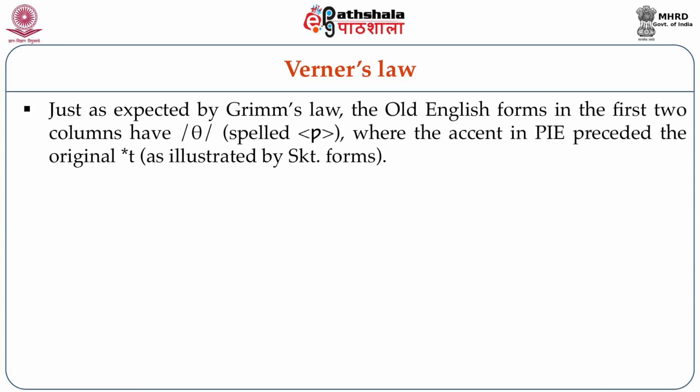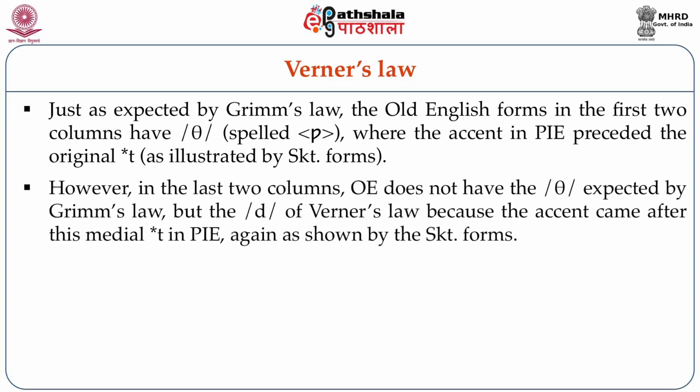Just as expected by Grimm's law, the Old English forms in the first two columns have th, where the accent in Proto-Indo-European preceded the original th, as illustrated by Sanskrit forms. However, in the last two forms, Old English does not have the th as expected by Grimm's law, but has the voiced sound of Verner's law, because the accent fell after this medial th in Proto-Indo-European, again as shown by the Sanskrit forms.